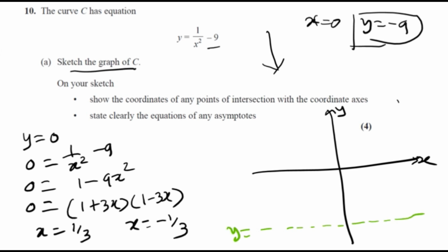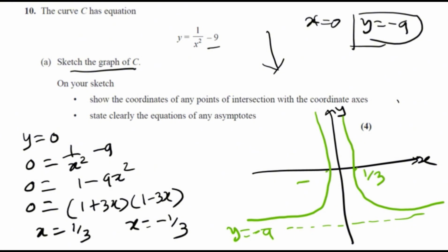So this line is y equal to minus 9. This is our asymptote. So the graph will be like this. And this point is positive 1 over 3 and this point is negative 1 over 3. So these are the two intersection points for graph C.